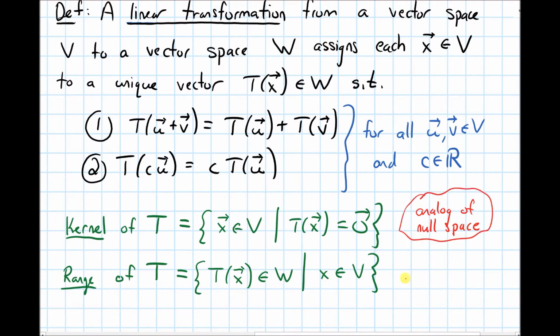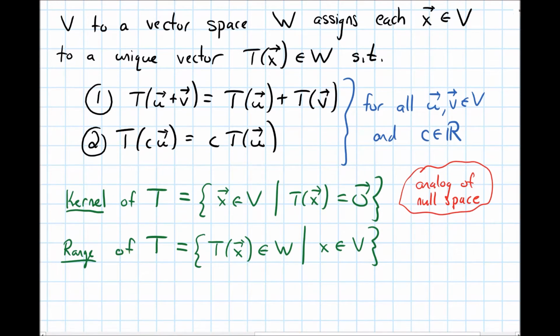And I'll draw a picture of my domain and my codomain to help us visualize this in just a few seconds. But the range of a transformation we've actually seen before. Conceptually, the range is all of the outputs we actually achieve. So in set notation, it's the set of T of x in W, such that x is in V. T of x represents an output after I plug x in.